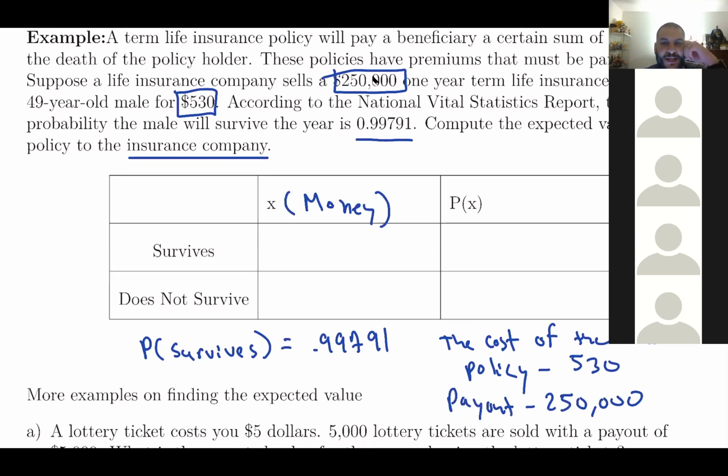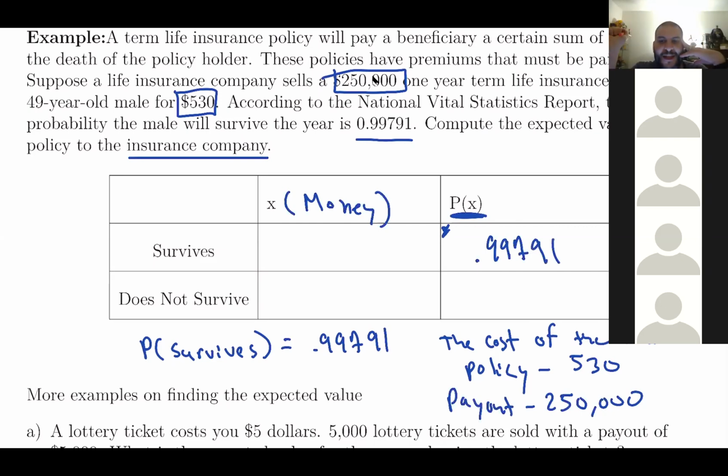So first thing we're going to do is P of X. Let's fill out this one. What's the probability somebody survived the year? 0.99791.